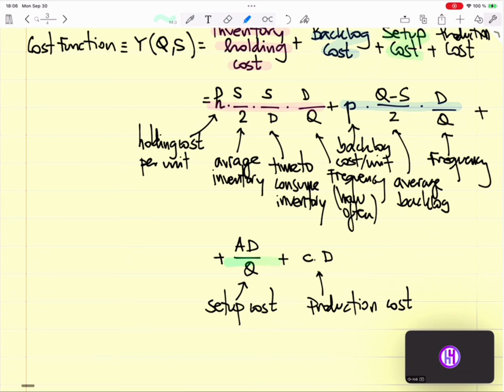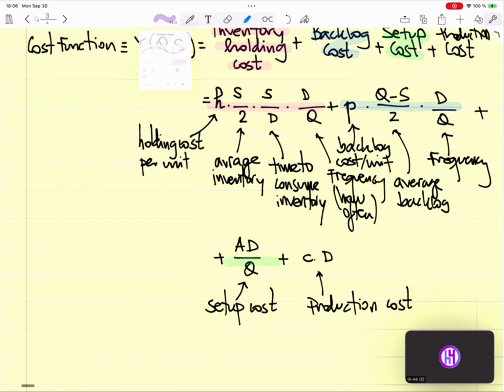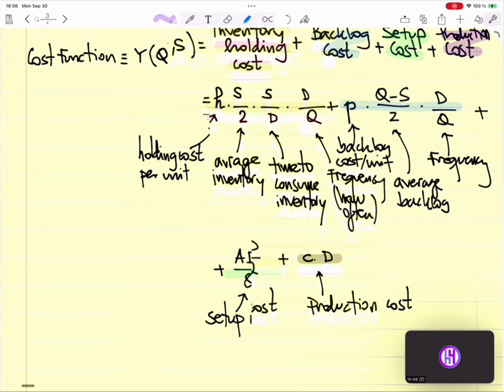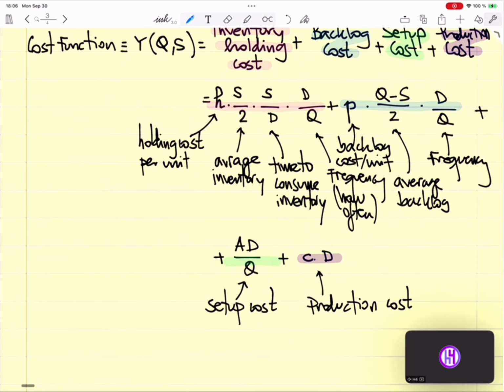Setup cost and production cost. So now the question is, how do we get the economic order quantity and the optimum inventory after delivery?